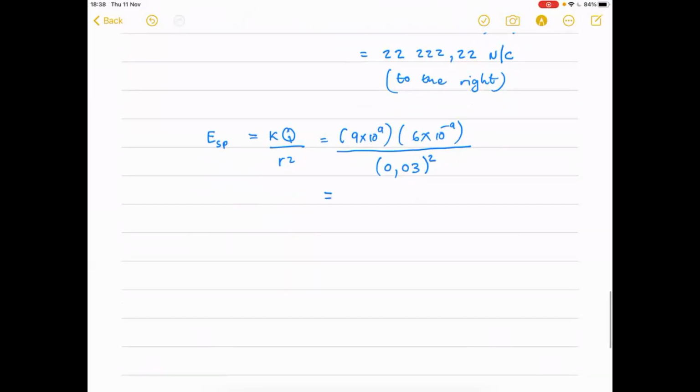If you put that into your calculator, you get 60,000 newton per coulomb, to the left or to the bottom.